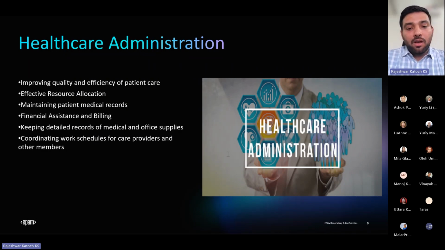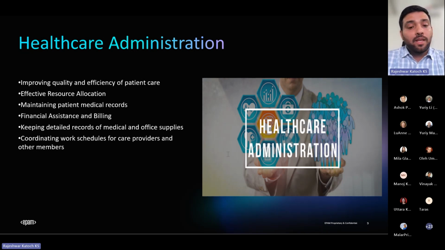Then we have the community health programs, where the administrator collaborates with community organizations to promote preventive care and health education. These initiatives can help the common person by raising awareness and preventing illnesses. And then there is also an administration process where they prepare for emergencies.